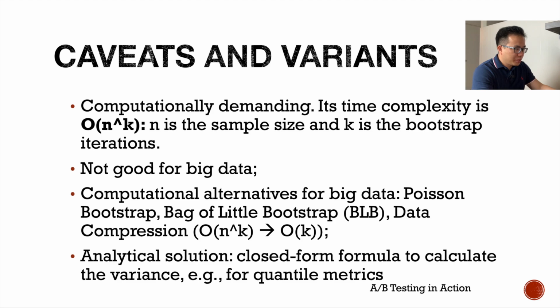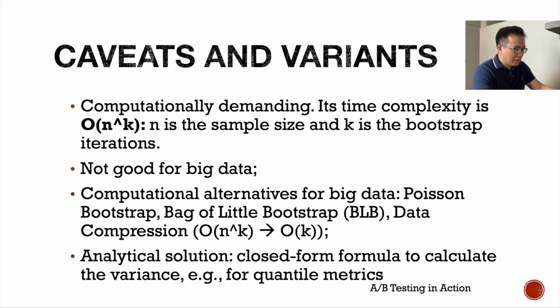Another common criticism of Bootstrap is that it is computationally demanding. The time complexity of Bootstrap is O(n) to the power k, where n is the sample size and k is the number of Bootstrap iterations. Because of the nature of Bootstrap, the computational demand can scale up quite quickly.